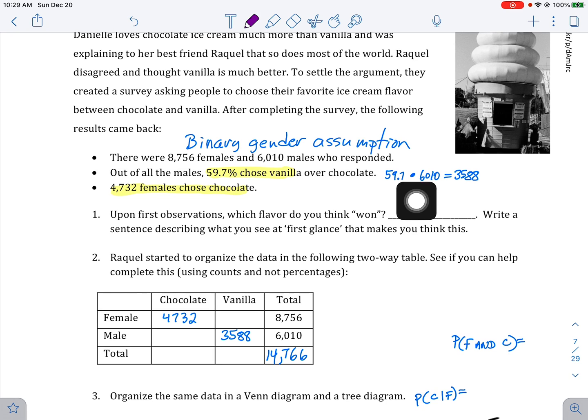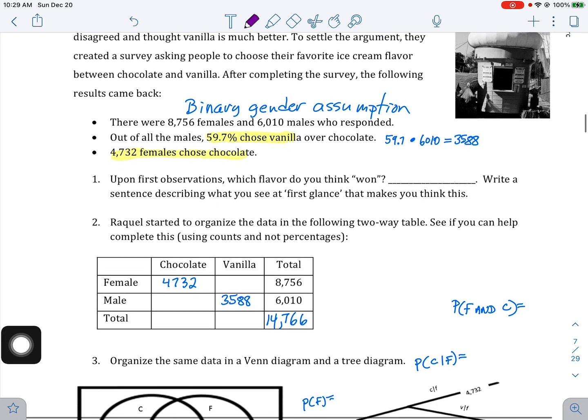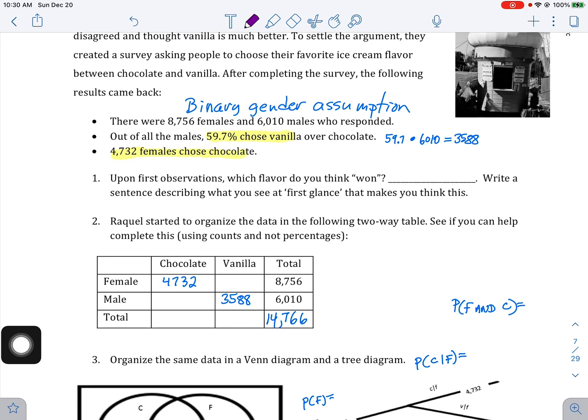So you can calculate that total number of males. It's 3588, and from that you can make some other calculations. They also gave you chocolate for females, so from that we can make some calculations. So by subtracting and adding, we can come up with some other numbers.